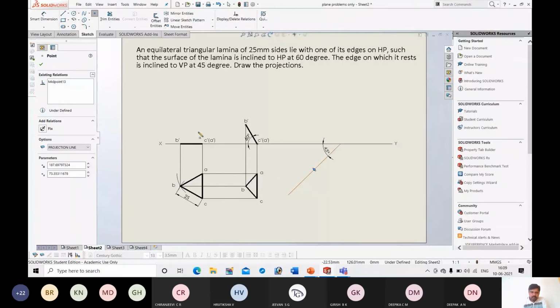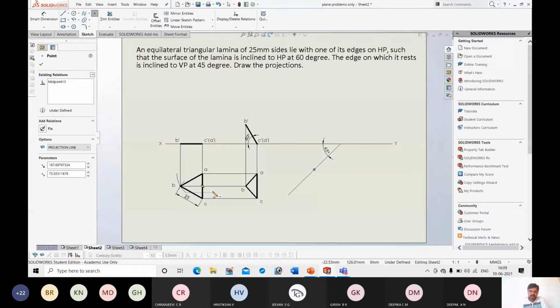So what is the length of AC in this view? If the length of AC is 25 in the initial top view, here also it will be 25.